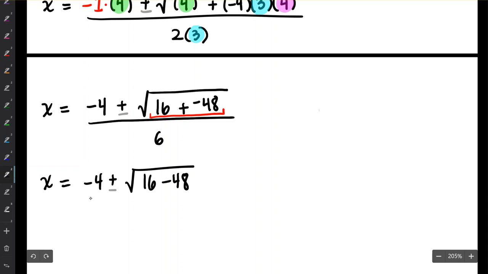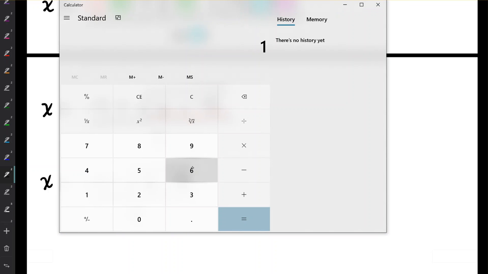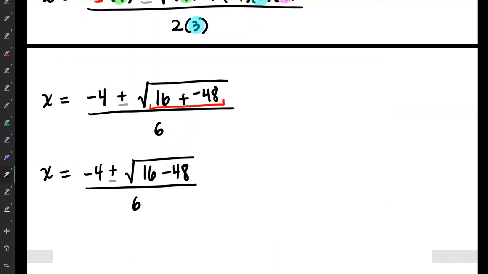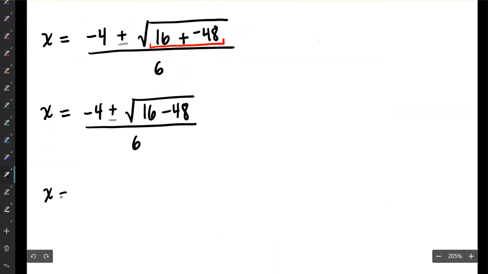Plus a -48, adding a debt of $48 is like subtracting $48 from you. So I'm going to do 16 minus 48, which is equal to negative 32, all over 6.